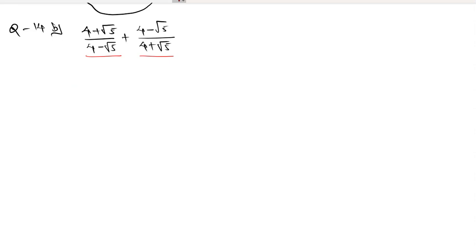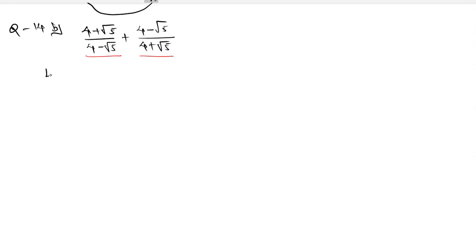Or the second method, which I'm going to do for you, is take the LCM directly. To add these two fractions, you have to take the LCM of the denominators. So what will be the LCM of 4 minus root 5 and 4 plus root 5? The LCM is the product of 4 minus root 5 and 4 plus root 5. So you just have to multiply these two numbers to get their LCM, right?